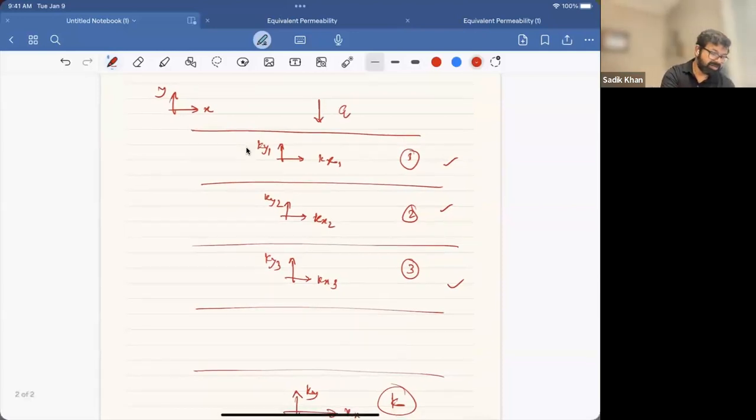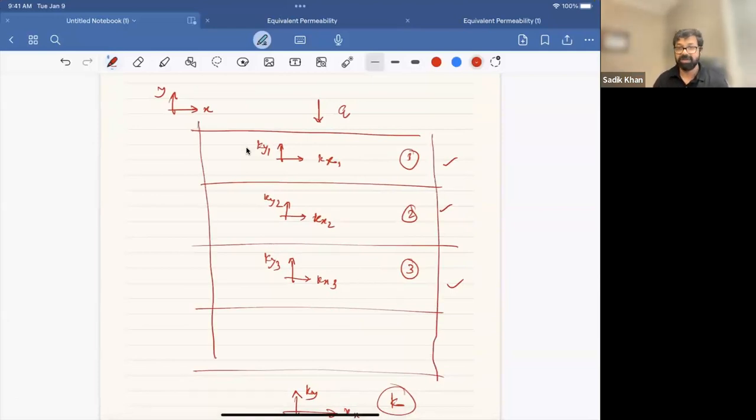But between these two, there might be some potential difference. So along this process, the same Q will flow through. If you know the flow along that layer, we can find out the equivalent K. That's one way, for the vertical K.